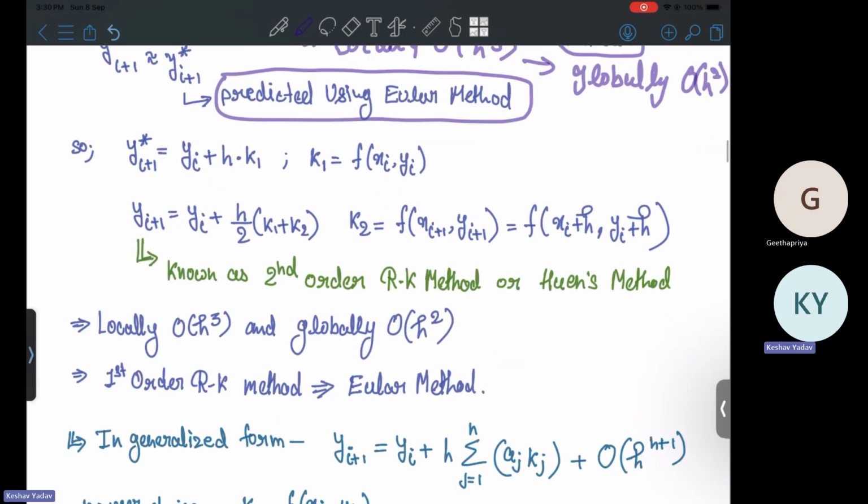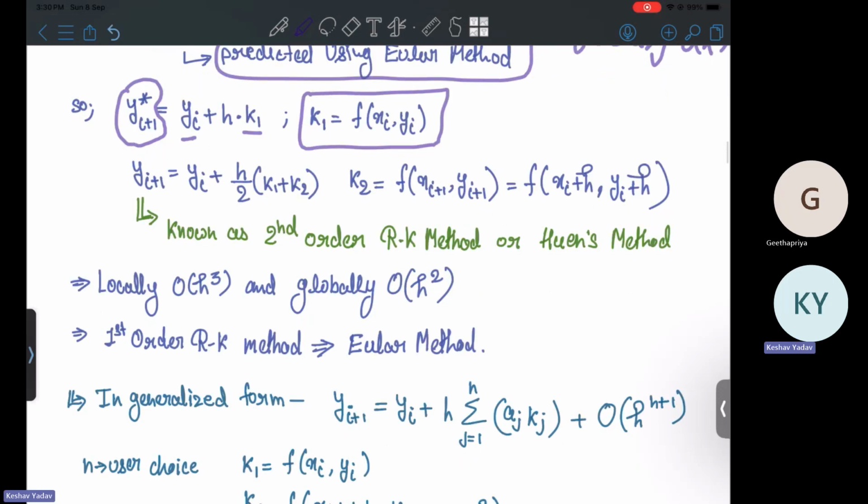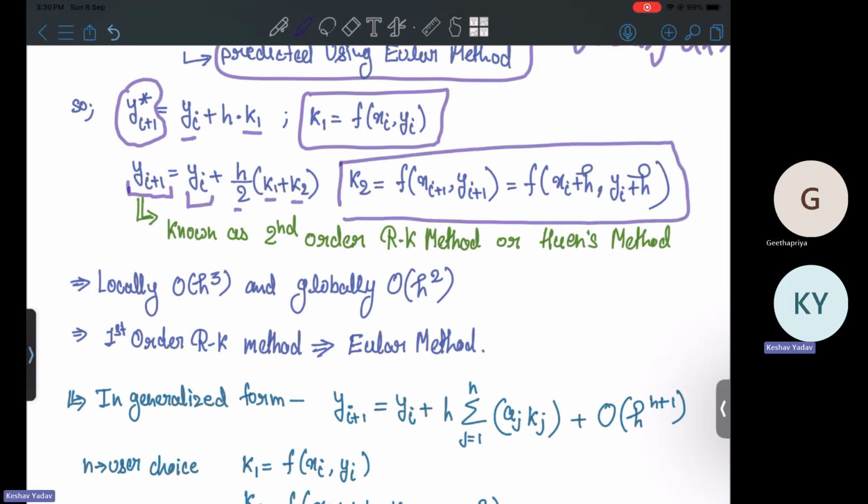So what we do, first we find some y i plus 1 star, which is equal to y i plus h multiplied by k1, and that k1 is f at x i and y i, the function value at x i and y i. Then y i plus 1 will be equal to y i plus h by 2 times k1 plus k2, and this k2 is the function f at x i plus 1, y i plus 1 star, which means f at x i plus h, y i plus h k1. h is the step size.